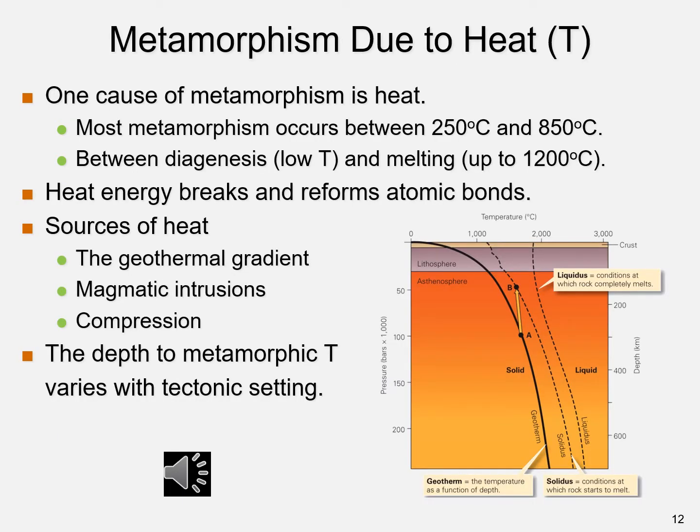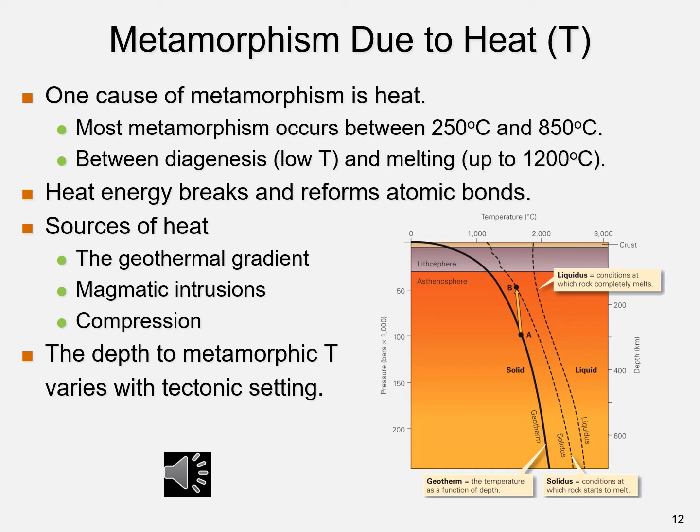Metamorphism takes place at temperatures between those at which diagenesis occurs and those that cause melting. Roughly speaking, this means that most of the metamorphic rocks you find in outcrops on continents formed at temperatures between 250 degrees centigrade and 850 degrees centigrade.